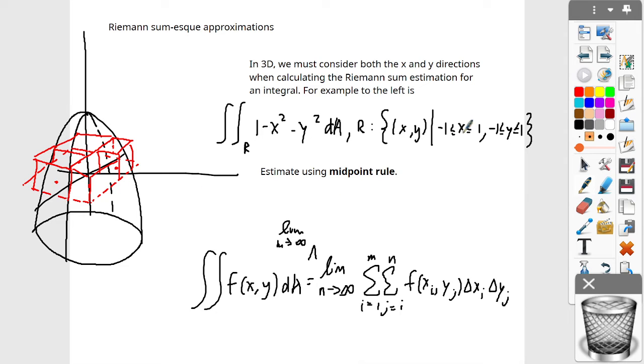So in this case, it's -1 to 1 and -1 to 1. So what are your rectangles? I'm just going to say R1 is the set of (x, y) such that -1 ≤ x ≤ 0, -1 ≤ y ≤ 0, right?